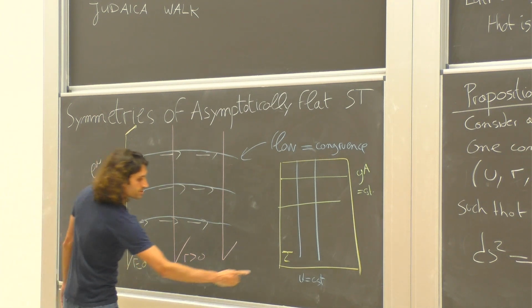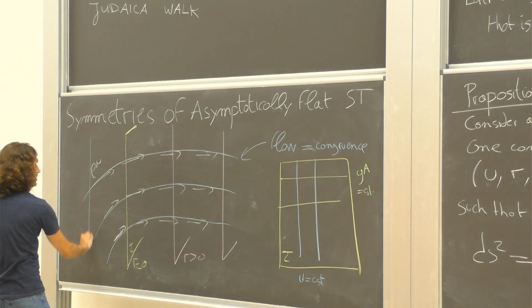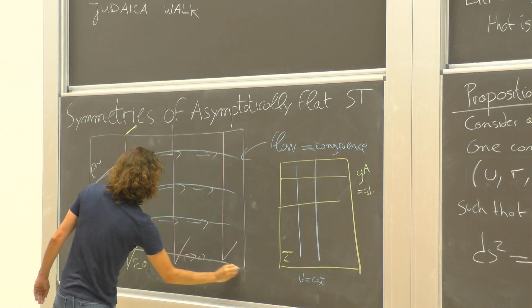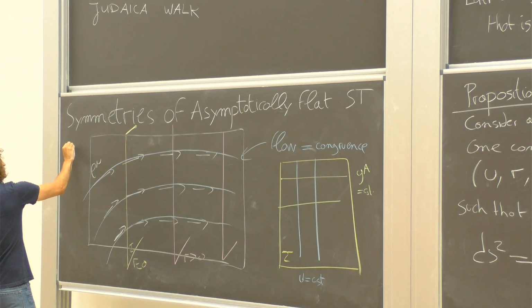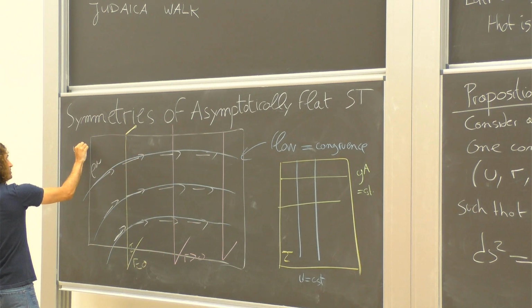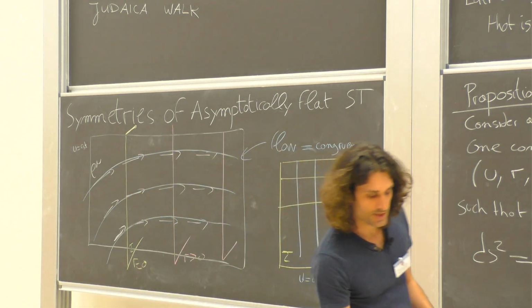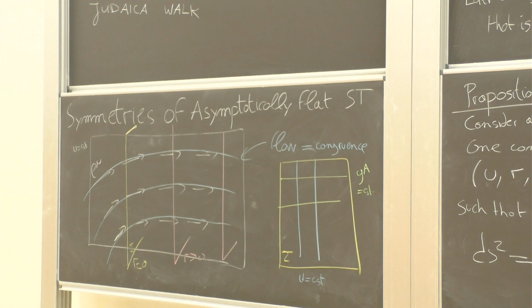So these u equal constant slices intersect like this. What is strange here, and you have to get used to it, is that L^μ is at the same time normal to u equal constant, as we proved, but at the same time it's along these surfaces.